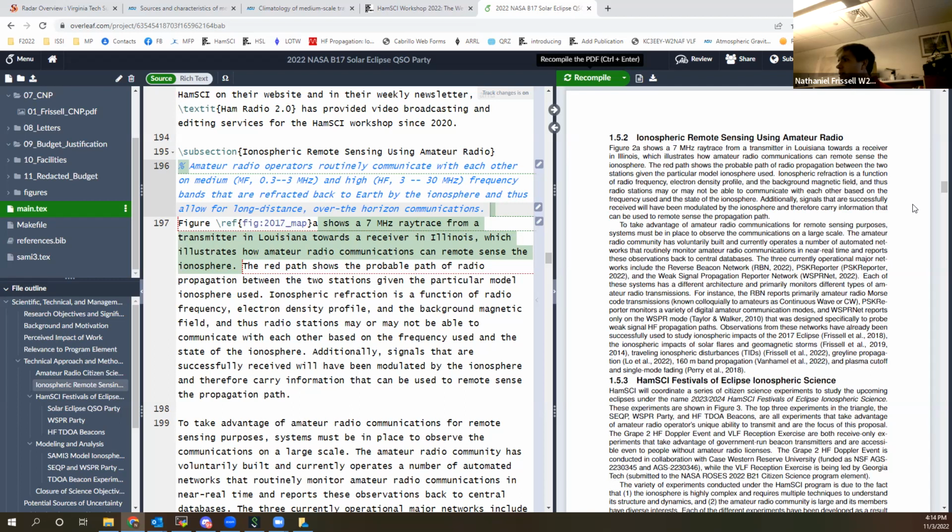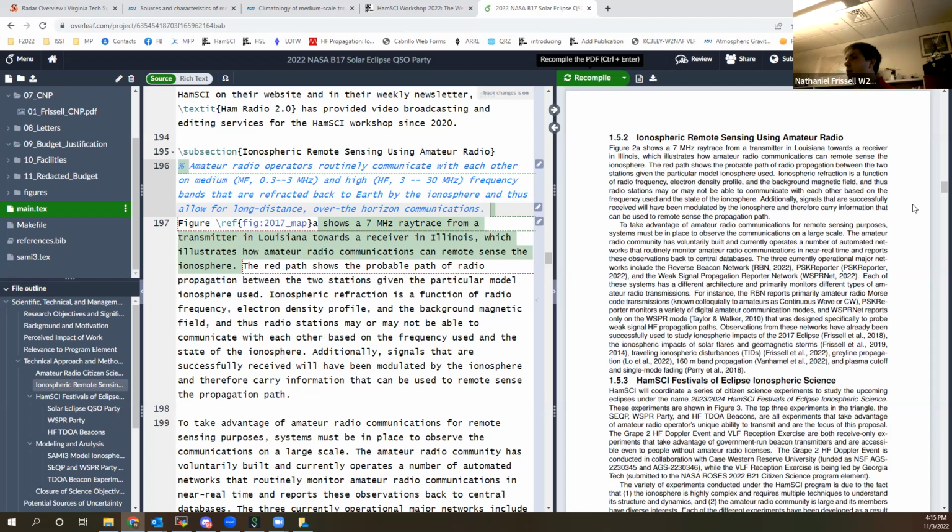Additionally, signals that are successfully received will have been modulated by the ionosphere and therefore carry information that can be used to remote sense the propagation path. Yeah, I like the edits you've made because the earlier portion describes the citizens that are part of the citizen science. And here you're describing technically what those citizens are capable of.